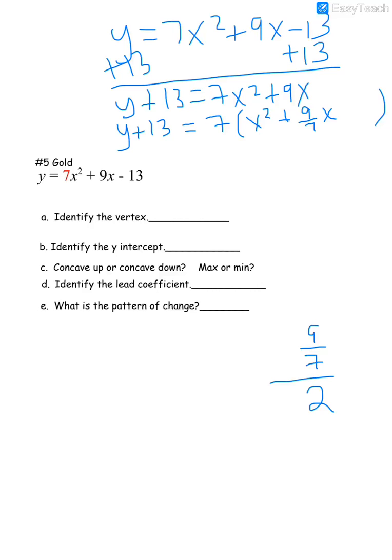So let's see. And I'm going to change it back into a fraction. I could do the math key.